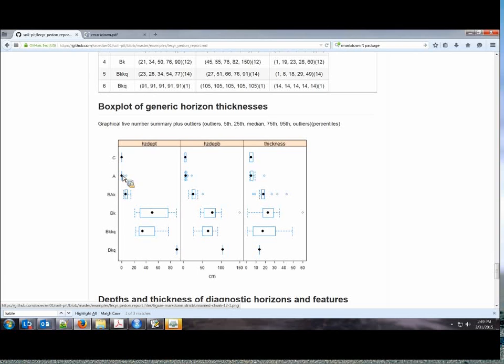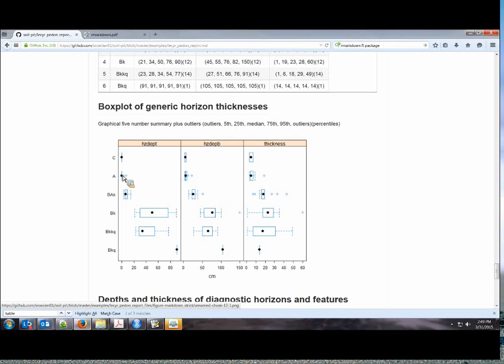The only other way we can go about summarizing all this data at once would be to slice it by 1 centimeter intervals, which would also generate a similar summary, but you would know at any given depth, well, what horizon is that coming from, obviously.